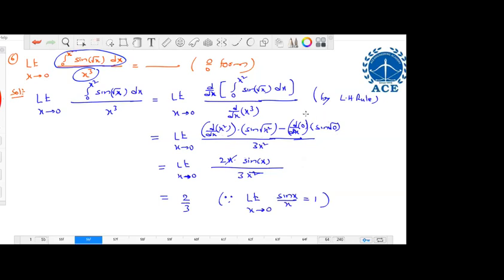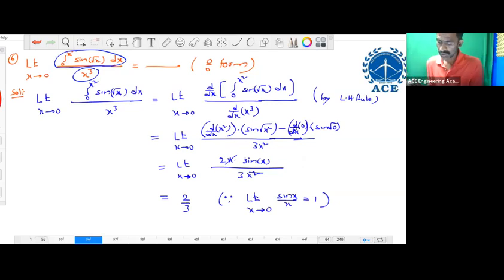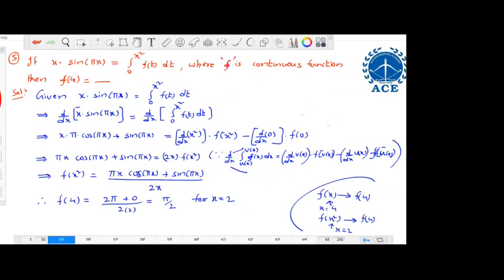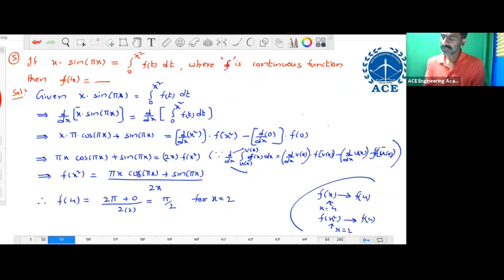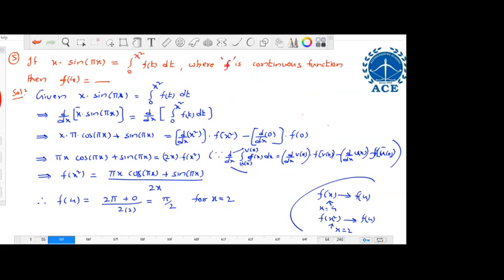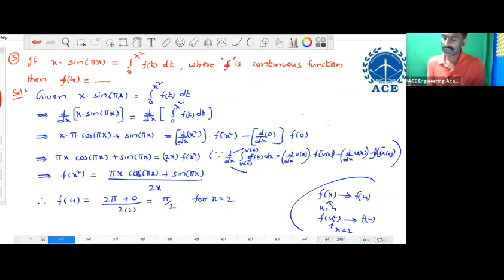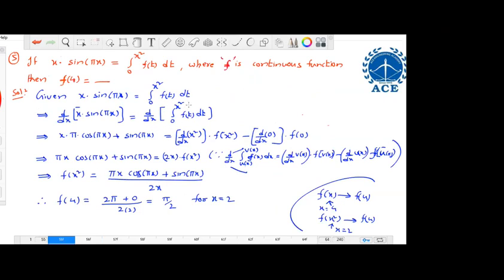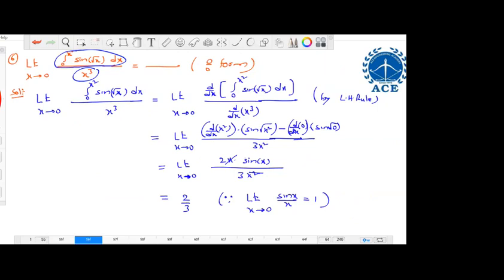Go back to the previous problem. In this problem, we have applied this result: d by dx of the integral from function of x to function of x. Just like the previous one. Same thing. Got it, sir.